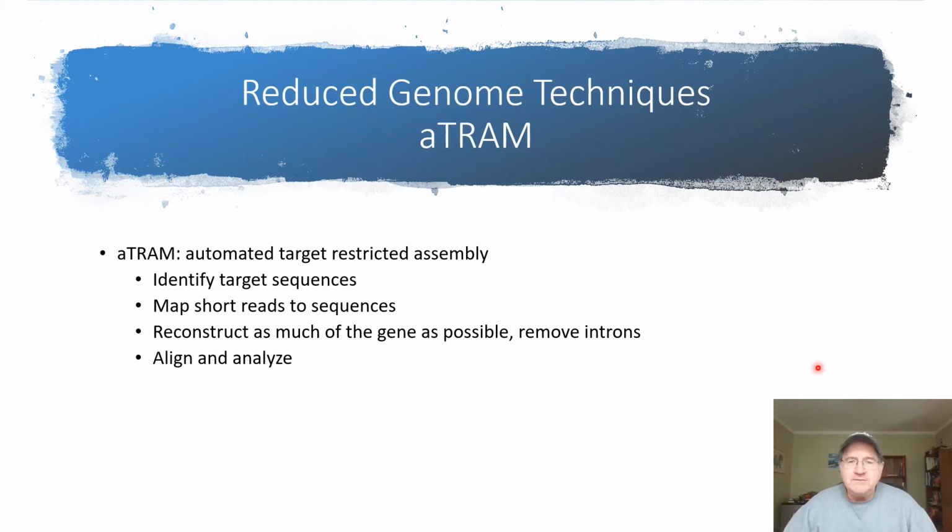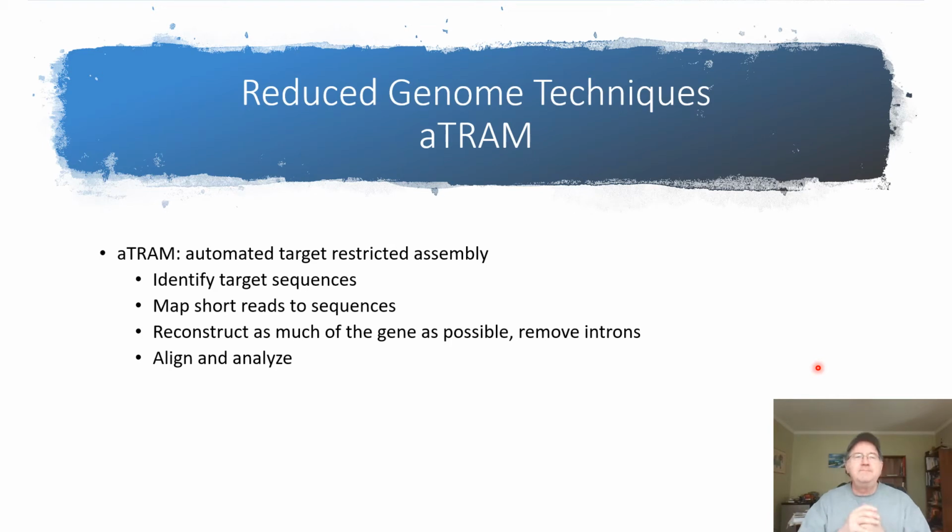What we targeted were single copy nuclear protein coding genes. And then you take your MiSeq or HiSeq reads, so all those millions and millions of paired end reads, and map them to the sequences.